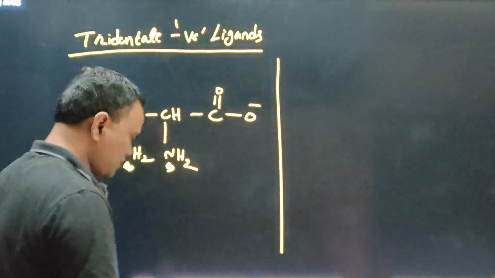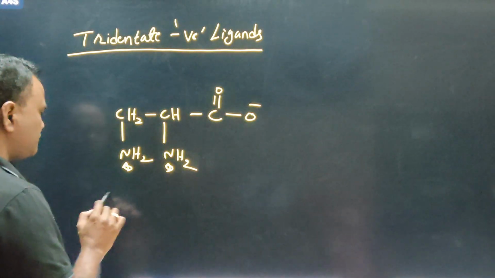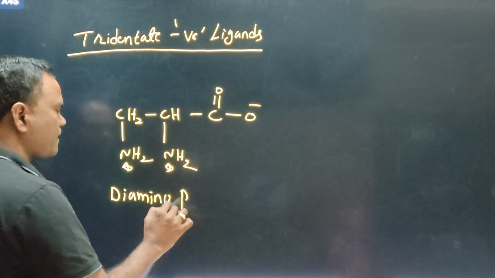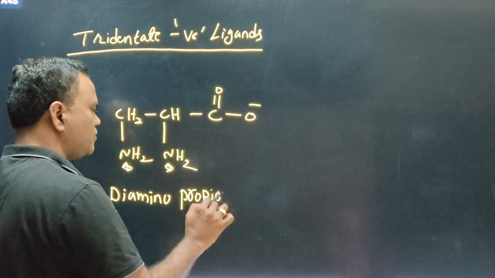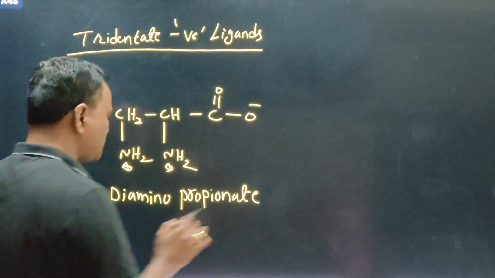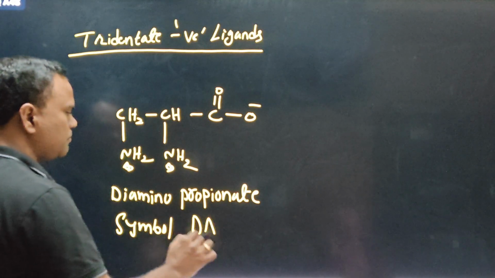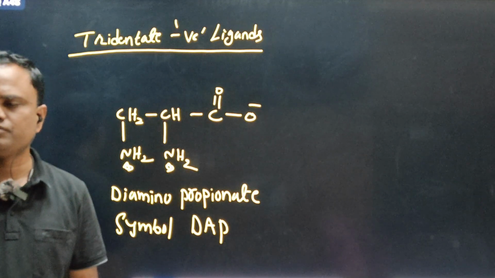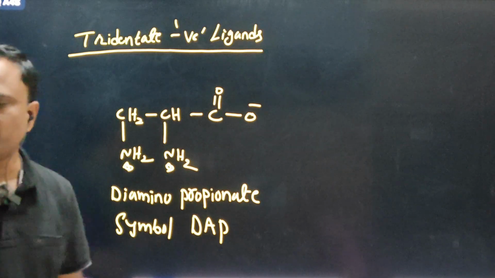I have given the structure directly, so just write the name and the symbol. Diamino propionate, symbol DAP. Diaminopropionate, DAP.